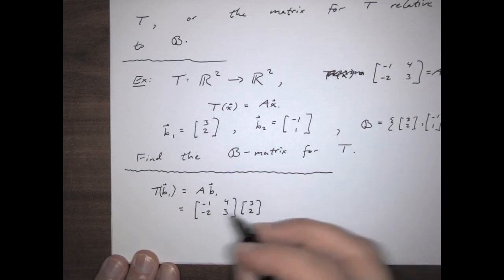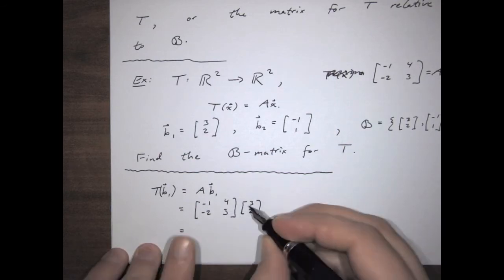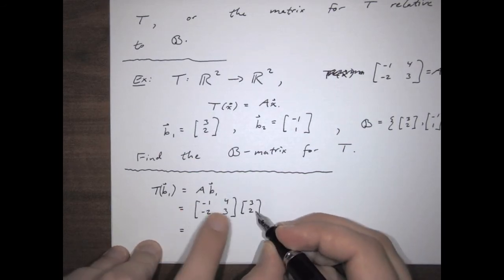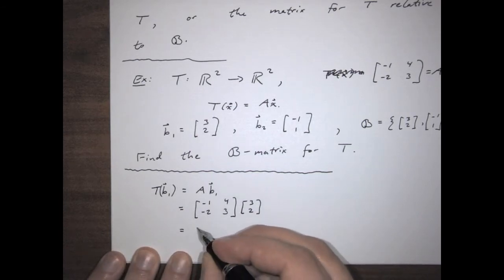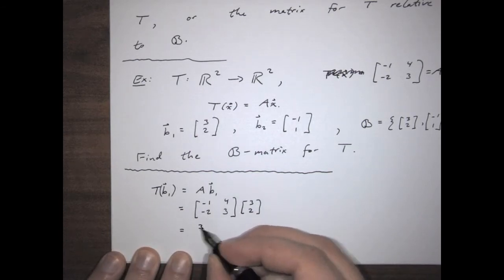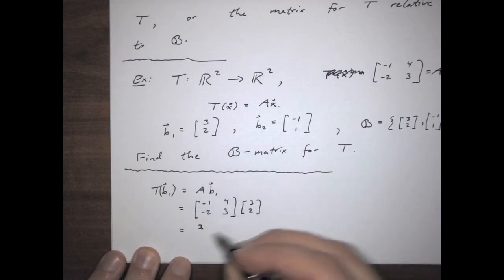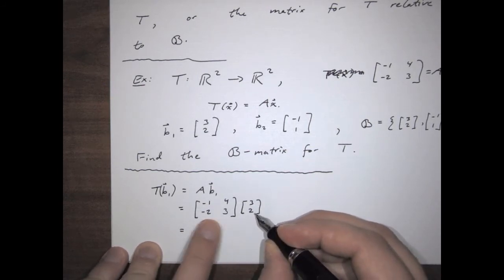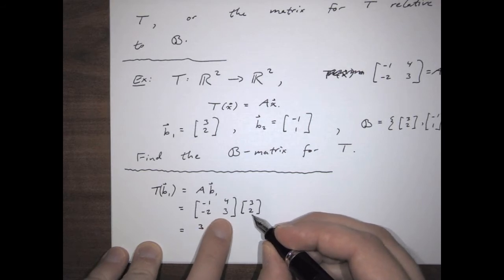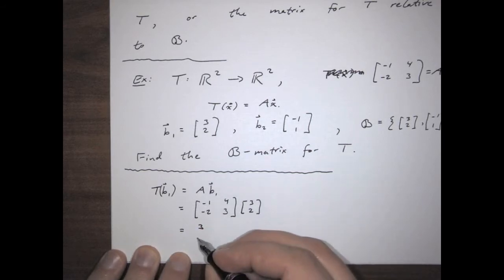Which is going to give us -3 plus 6 is going to equal 3. Sorry, -6 plus 6 is going to equal 0.